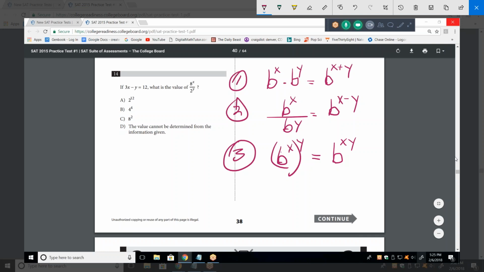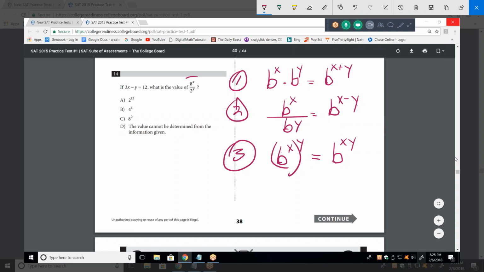Multiplication is definitely less than exponentiation, you would agree? 3 times 3 is not as big as 3 to the 3rd power. So exponentiation is a level above multiplication. Those are the 3 most important rules when the base is the same.